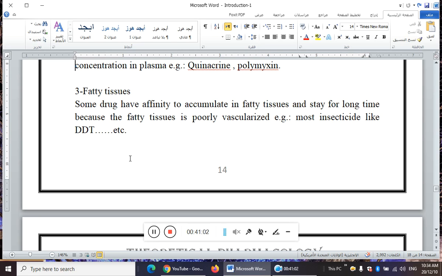Like insecticides, like DDT, arsenic, etc. These chemicals have affinity to bind, stay and accumulate in the fatty tissues of the body and stay for a long time, which leads to chronic toxicity with these chemicals.